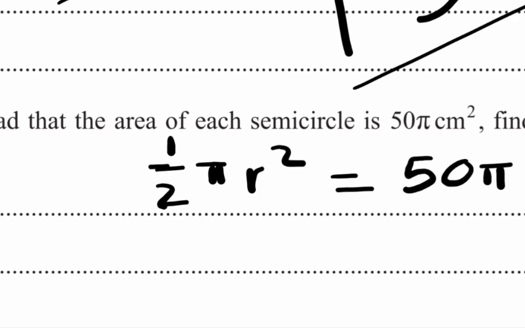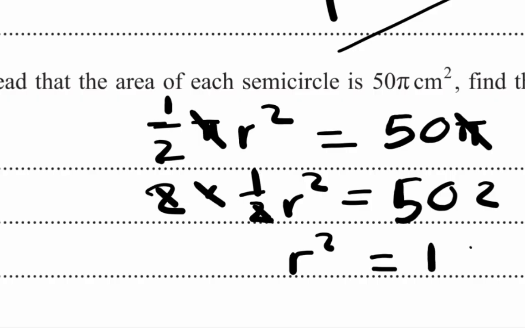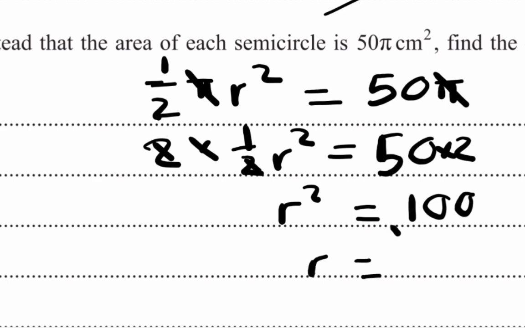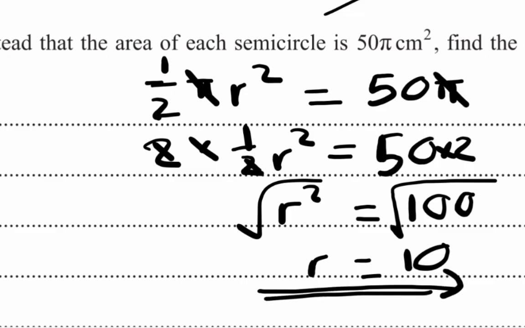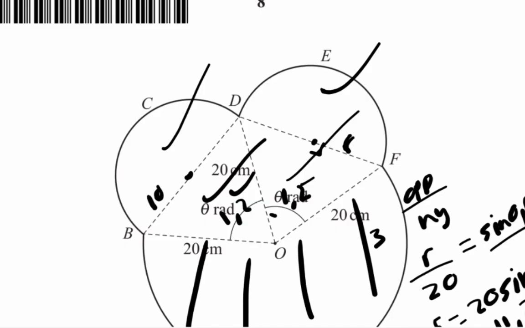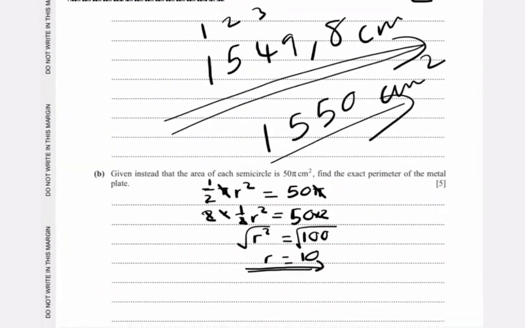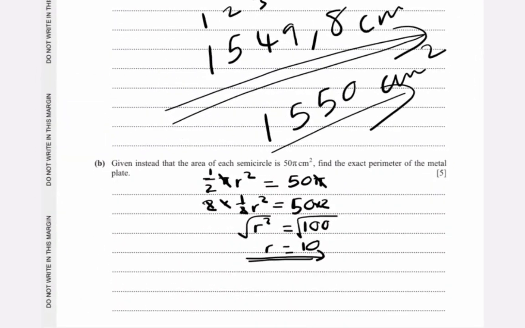As you can see, the pi's cancel out, so half r squared is 50, and multiplying both sides by 2, we get r squared being 100, and our r, which is obviously positive, is root of 100, which is 10. So the radius of one of the two semicircles is 10, which is the same as the other one.